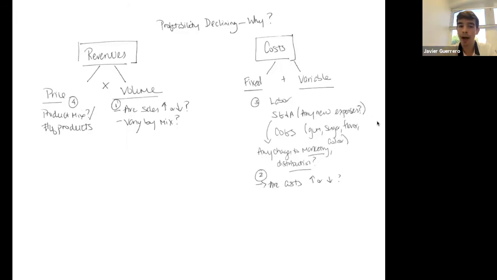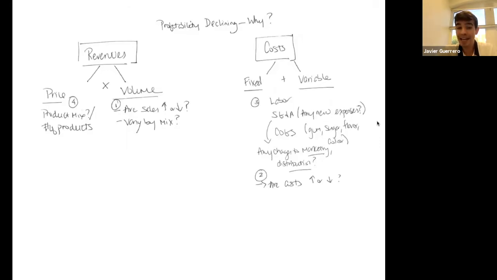Volume, is volume increasing, decreasing? How do they compare across the different product offerings, right? On the cost side, we have fixed costs and variable costs. Again, you can see some of the breakdown there, some of the costs that might be causing a decrease in variability and might be causing an impact in profit margins, right?